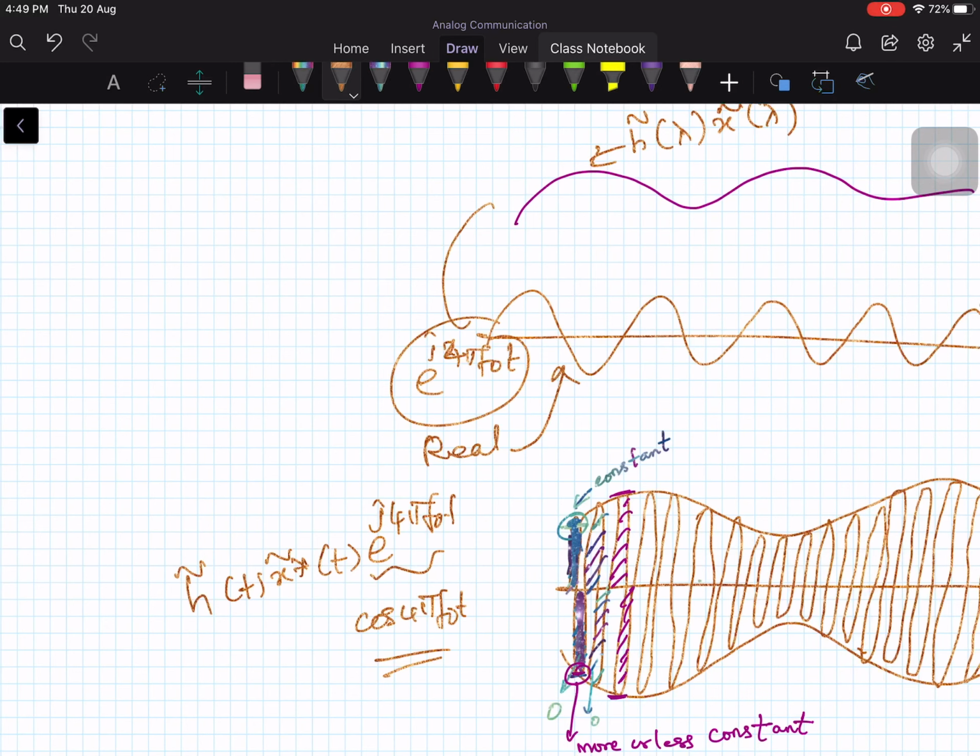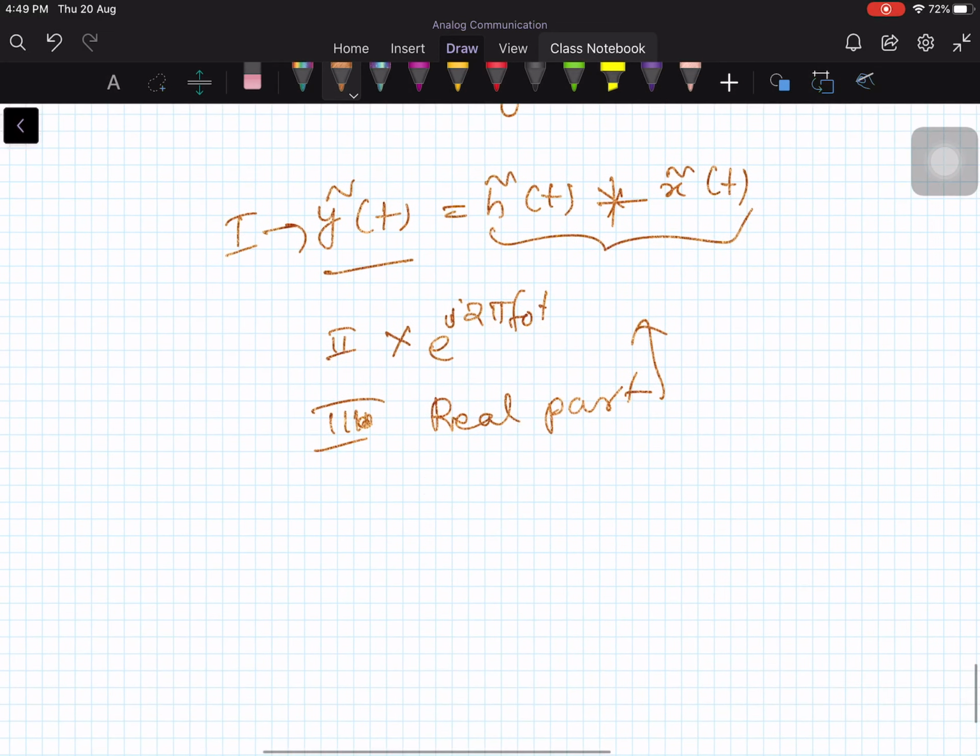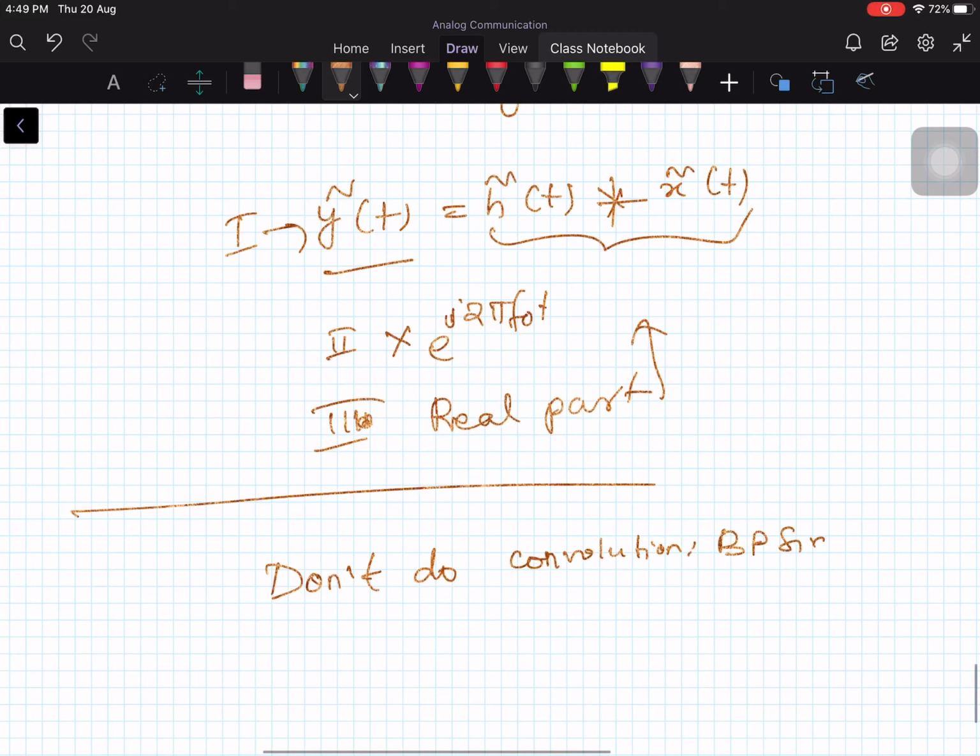So, if we had recognized this fact, and this is what I was trying to say in the beginning, I do not have to carry out the convolution of the band pass signal with the band pass impulse response. So, the moral of the story is: don't do convolution of the band pass signal with the band pass filter impulse response, because it involves lengthy integration.